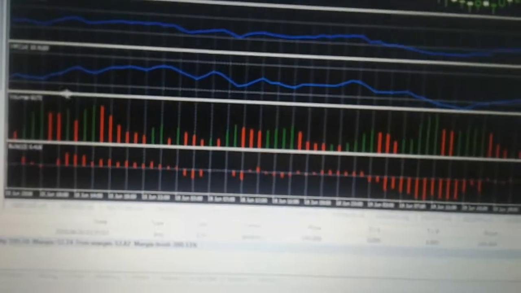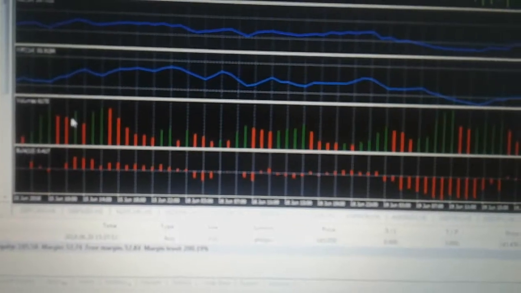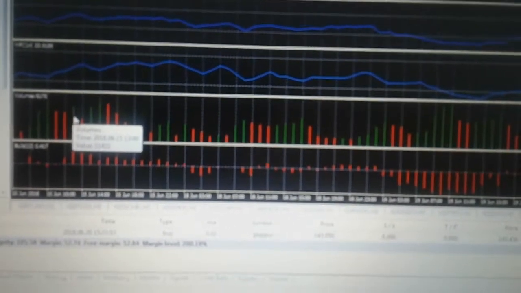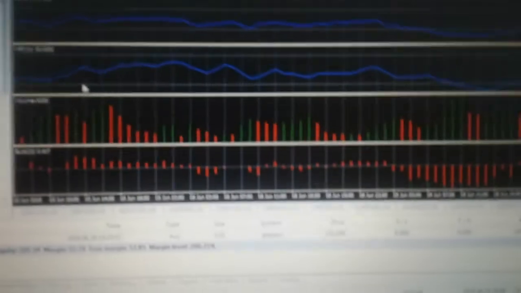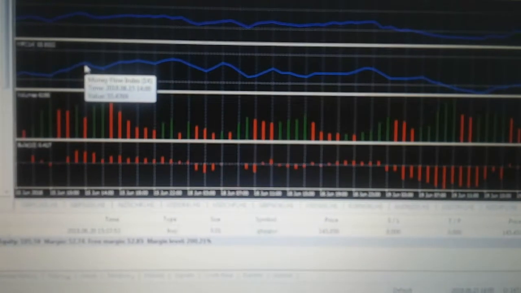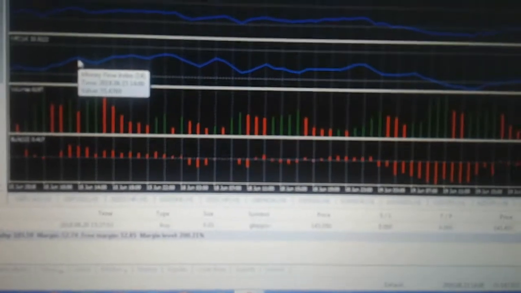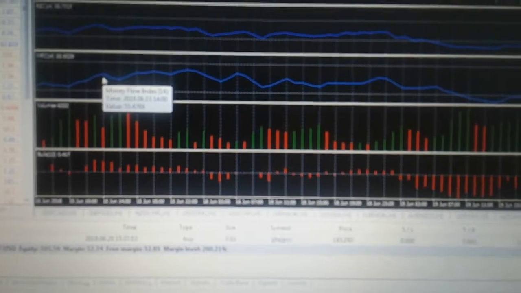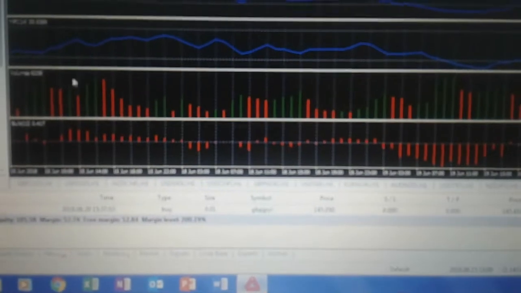And why? Because the indicator and also the volume are telling me that at that point there was a high level of volume. Now I'm looking at this right here. This is hours ago, or maybe a day or so ago. Let me take a look. This is back on the 15th. Look at the green lines.